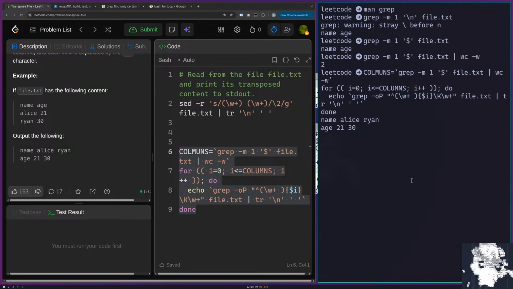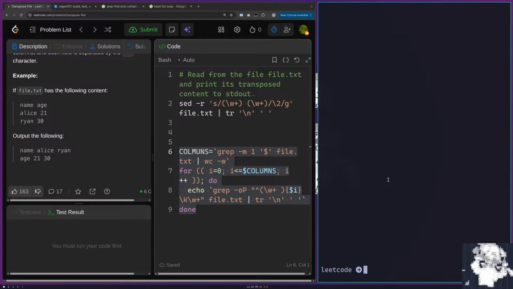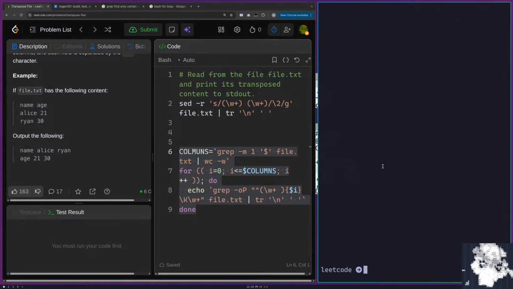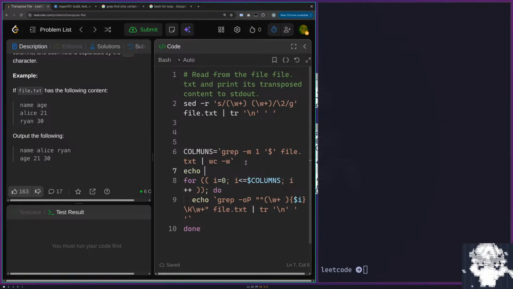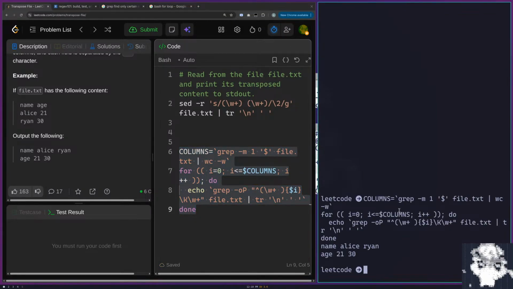Whoa. Oh, $ columns. No? How about you echo, or how about you spell properly? Okay.